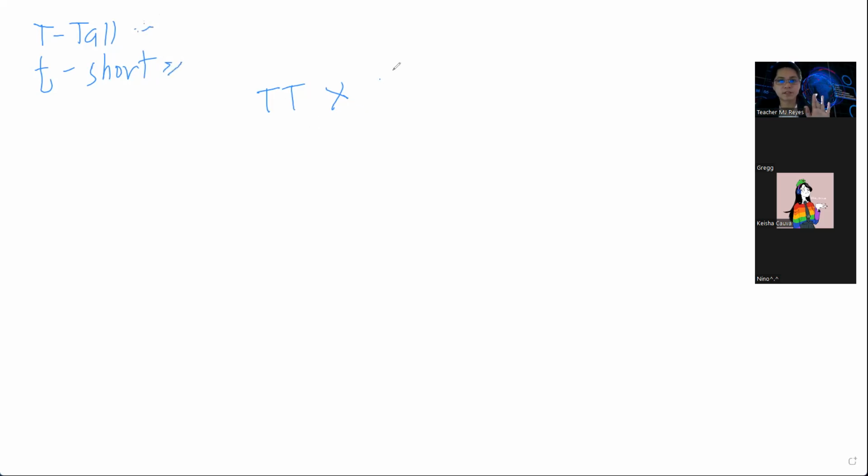Let's take a look at a homozygous tall individual being crossed to a heterozygous tall female. So we have male homozygous tall and female heterozygous tall.